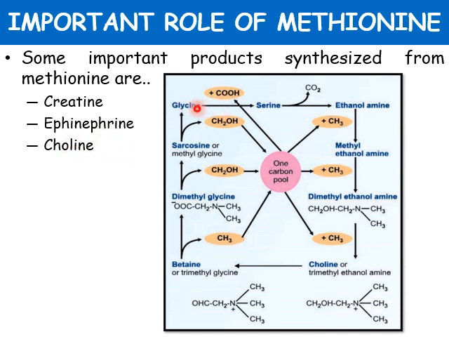Choline from glycine, serine, then ethanolamine, and after that it gets a methyl group one by one. It gets converted into methyl ethanolamine, dimethyl ethanolamine, and trimethyl ethanolamine, and ultimately into choline. That helps in the synthesis of acetylcholine. The methyl group comes from S-adenosyl methionine by the transmethylation reaction.